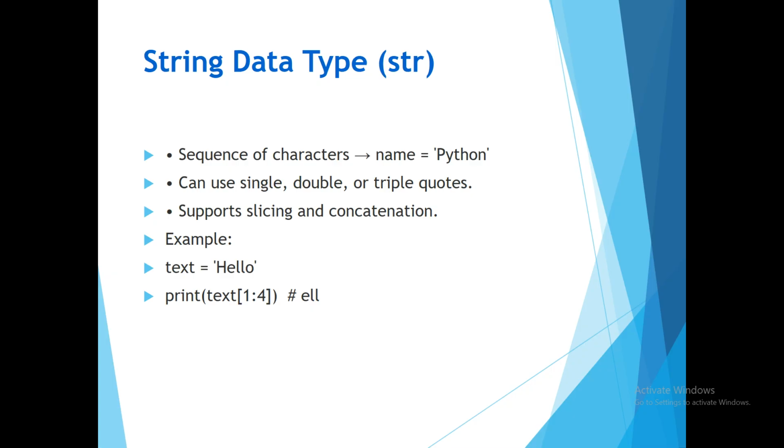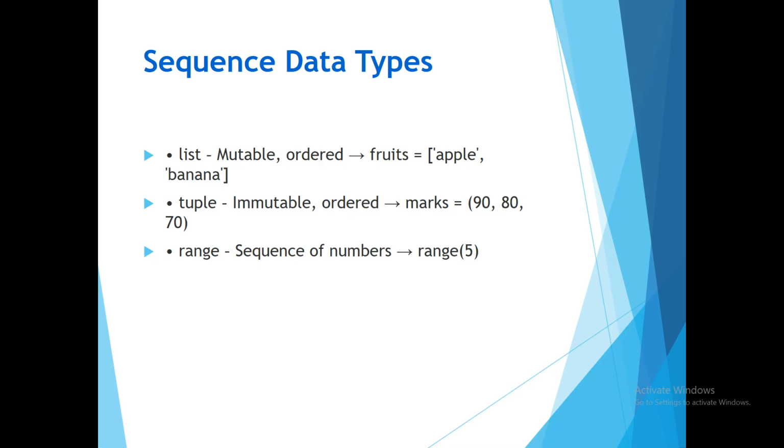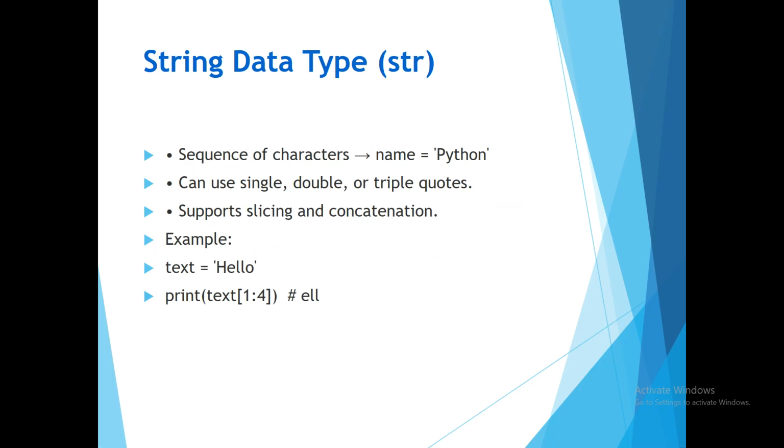Here you can see the text is hello, and you have to print the part between the two l's. So print 1 colon 4, and this will print ell, right? This is a slicing operation we can perform, or we can directly print the string.